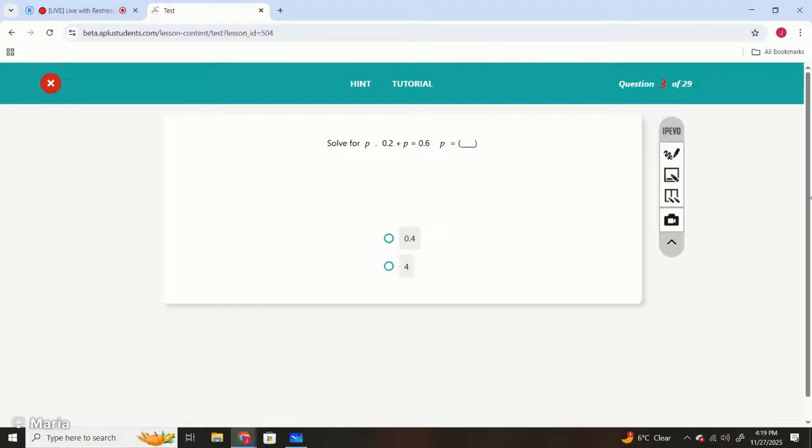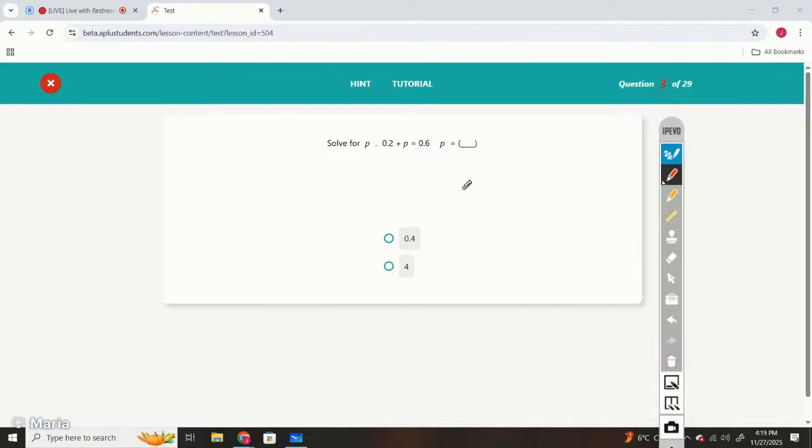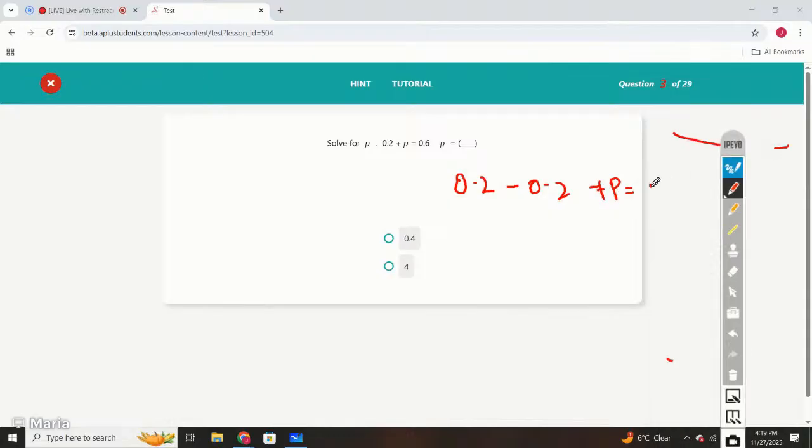Solve for p. 0.2 plus p equals 0.6. We need to isolate the variable p. So we need to move 0.2 to the other side. So we need to subtract 0.2 from both sides, as the opposite of addition is subtraction. On the other side, we have 0.6 minus 0.2.